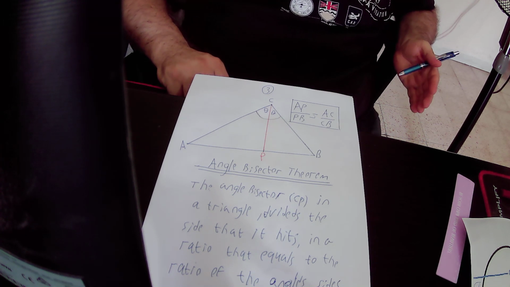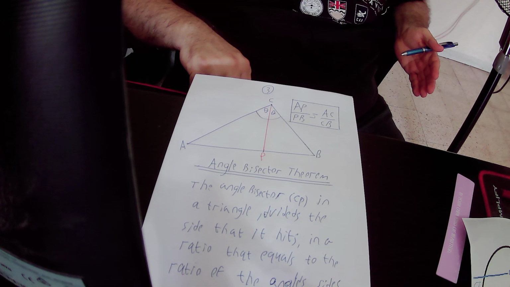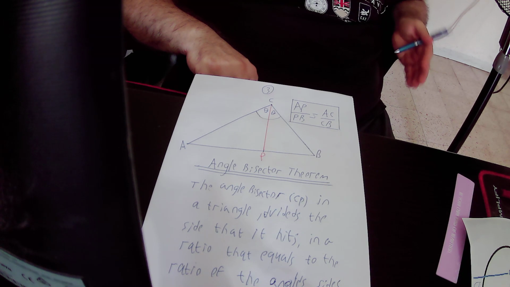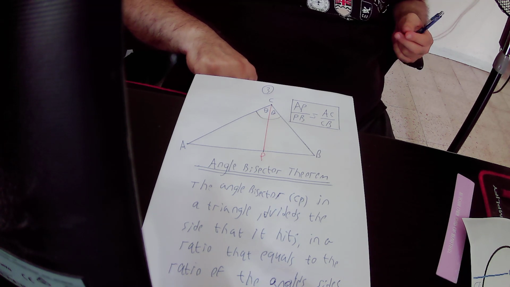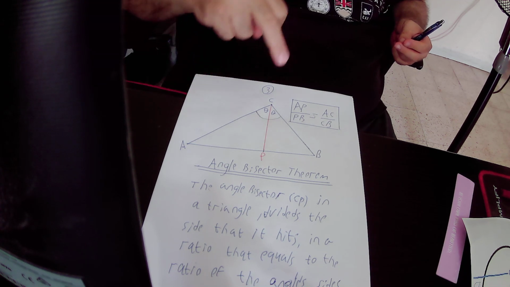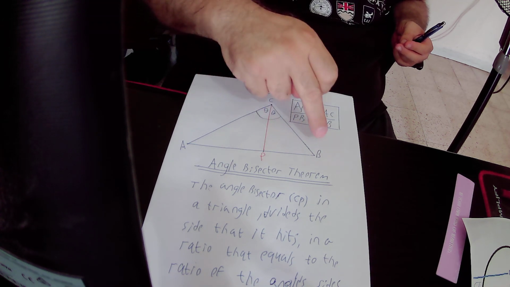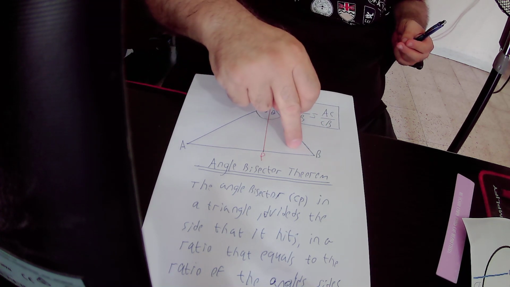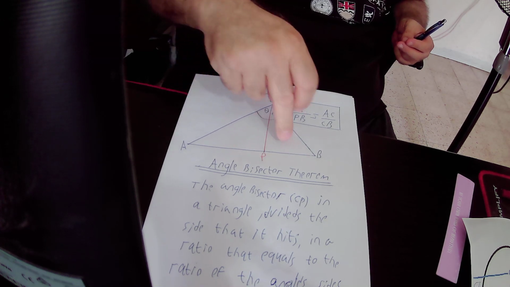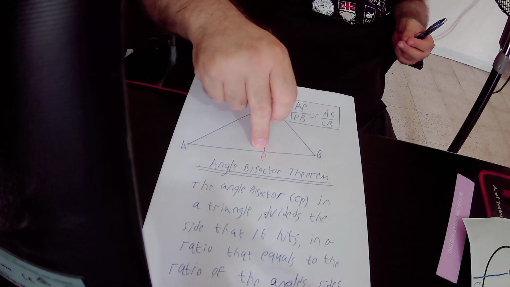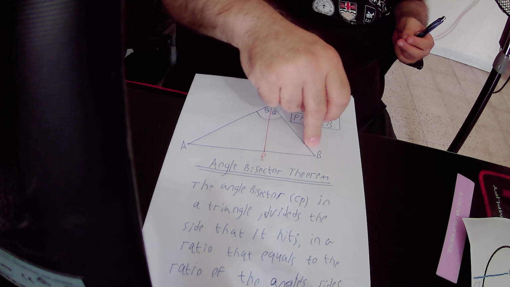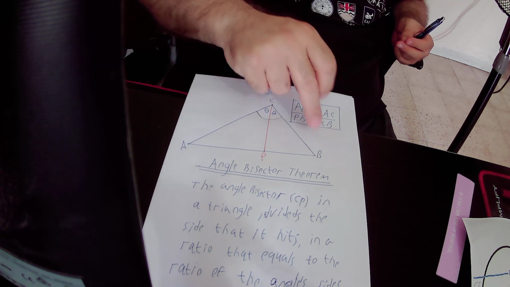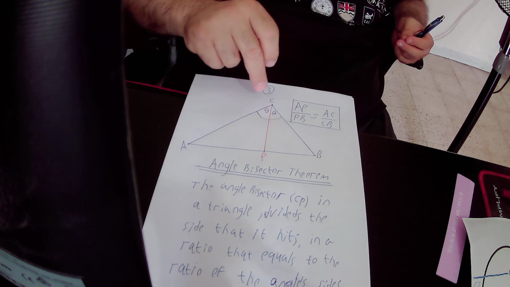So it is true for every angle bisector in a triangle. The angle bisector in a triangle divides the side that it meets into two parts, and the ratio between those two parts, that is to say AP over PB, equals the ratio between the sides of the angle that it divides into two parts.